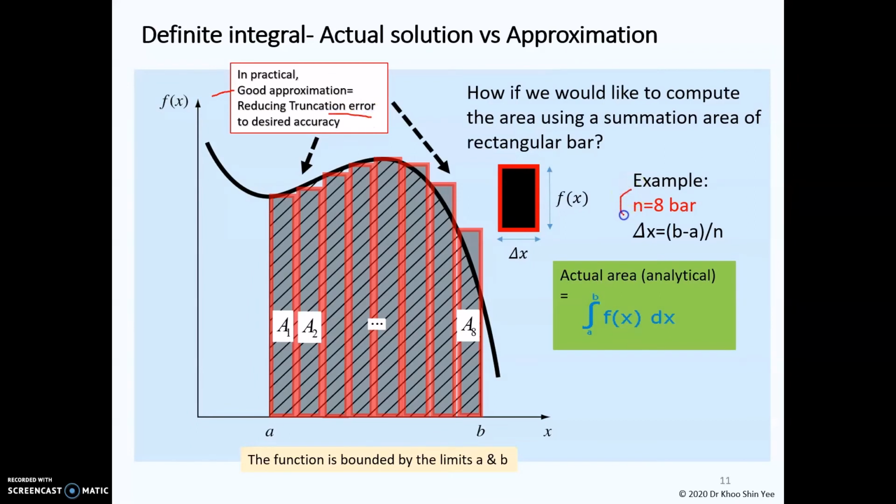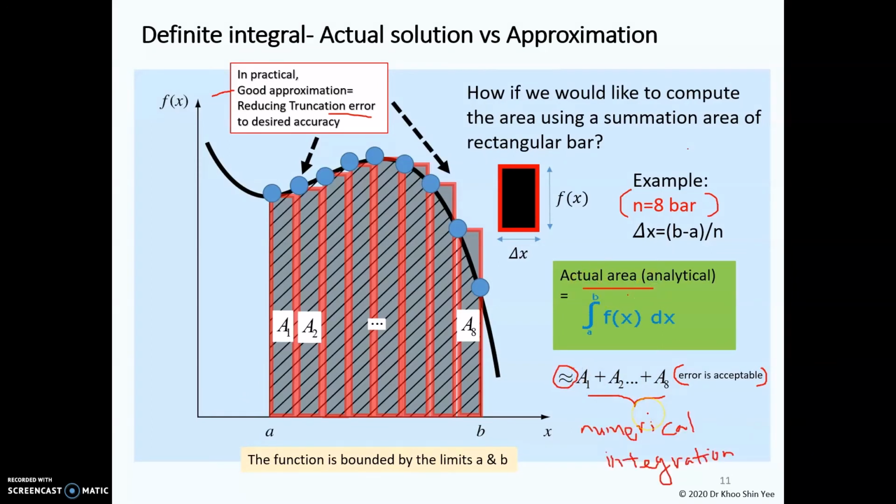For example, if we increase the number of bars to 8 and we compute the total area under this curve by using these 8 bars, you will see that the truncation error is much reduced. If the error is acceptable, then the area computation by using these 8 bars is a good approximation to the actual area. This method is known as the numerical integration.